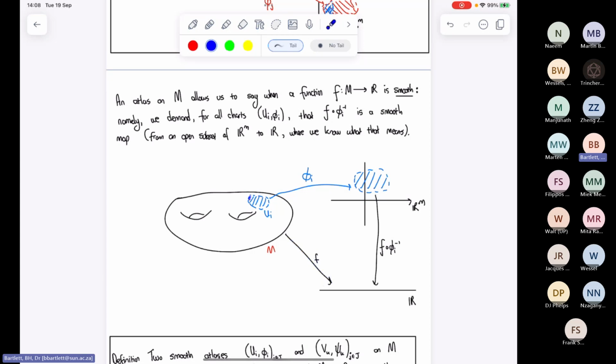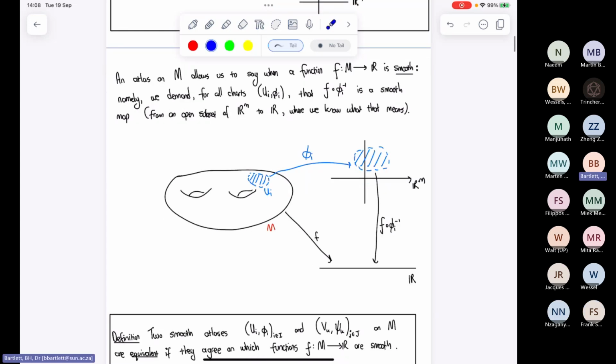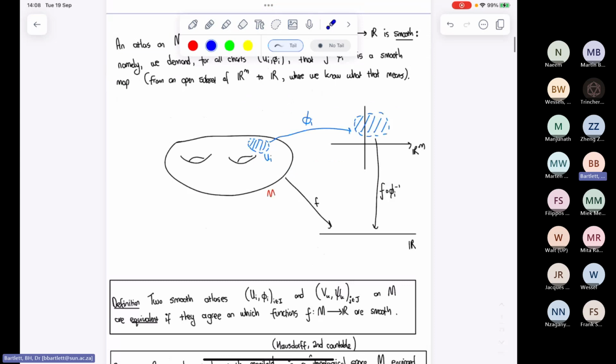Namely, for every chart Ui, phi i in the atlas, I want the composite of first doing phi i inverse and then doing F to be a smooth map from Rm into R. And again, that just means I've got a function of m variables, and I want that to have infinitely many derivatives. So an atlas on M gives us a way to decide whether a given function is smooth or not.